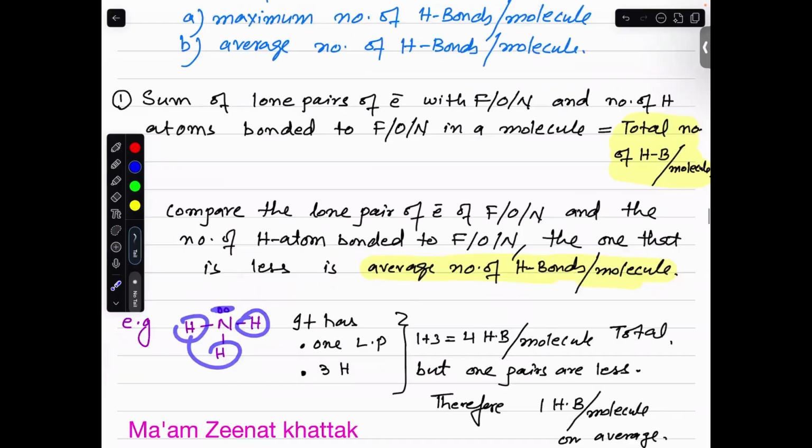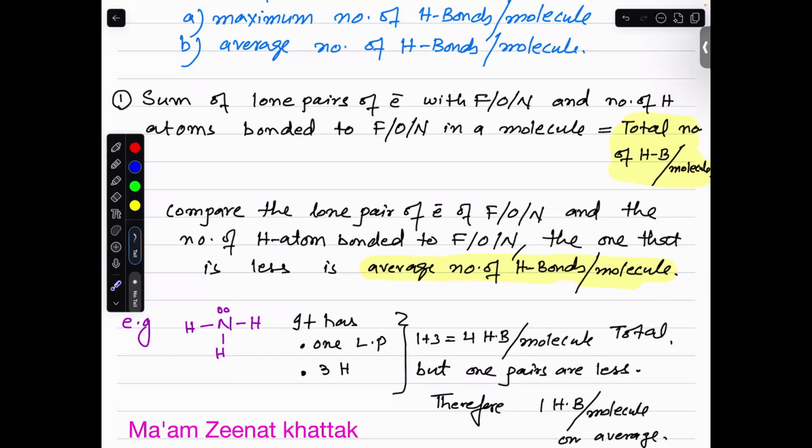It has one lone pair and 3 hydrogens. The sum is 1 plus 3, which is 4. So the total number of hydrogen bonds per molecule is 4. It can make 4 hydrogen bonds at max: 1, 2, 3, 4.